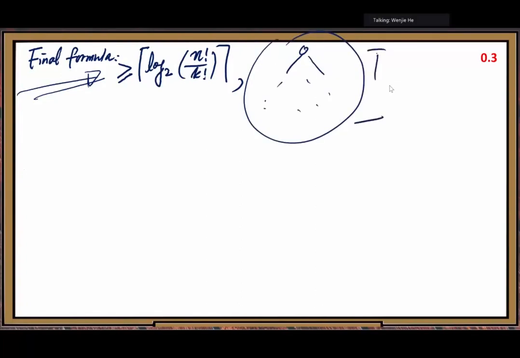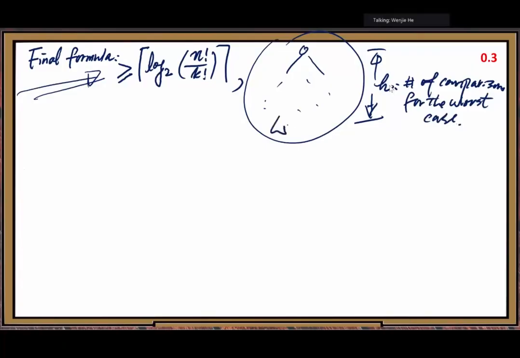Remember the height, little h, corresponds to the number of comparisons for the worst case. Then the number of leaves, we use capital L. And we derived a formula 2 to the h greater or equal to L.